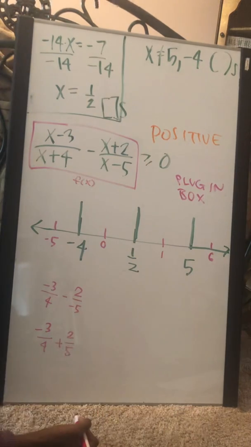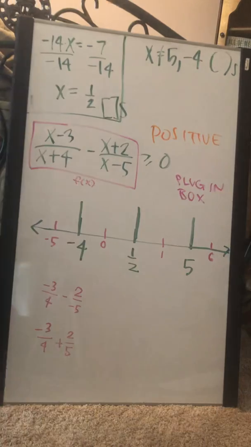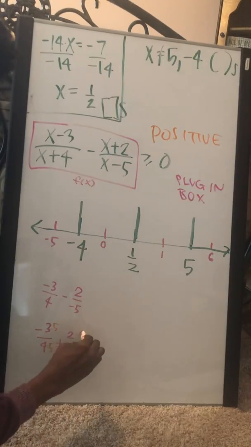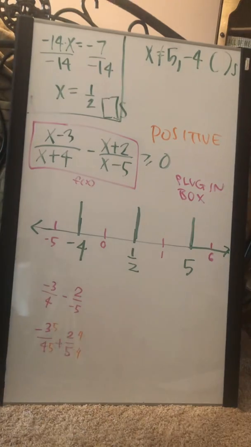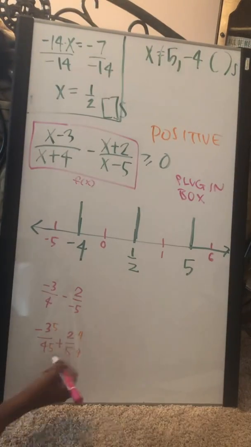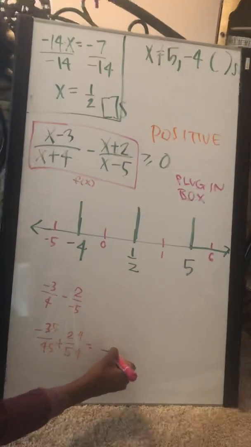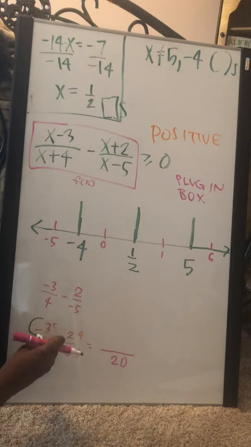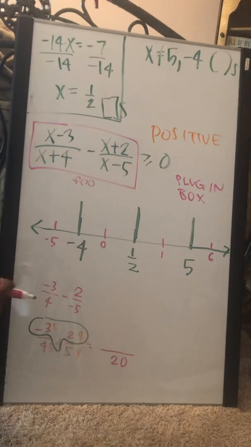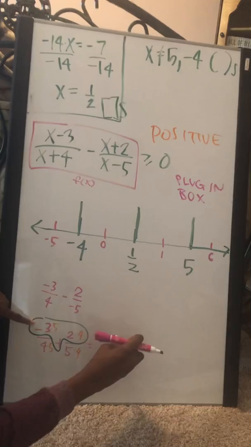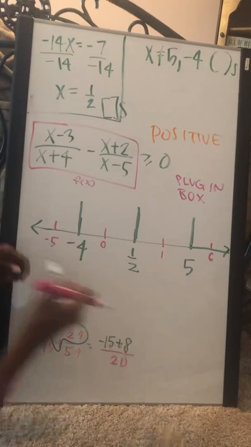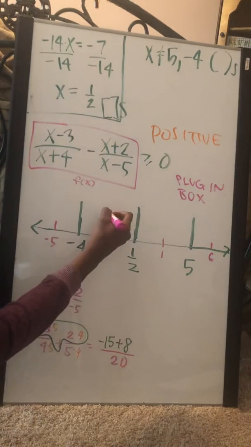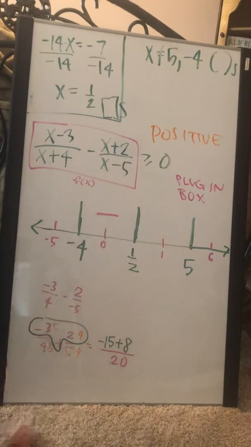So you can either make the denominators the same here, or we can do 5 on top and on bottom, and we can do 4 on top and 4 on bottom, and kind of see what this gives us. Our denominator is going to be a 20, and then we just take all of this plus the sign, right? And that's going to give us negative 15 plus 8. That is going to give us a negative, okay? So that was for 0, right? So we get a negative here.